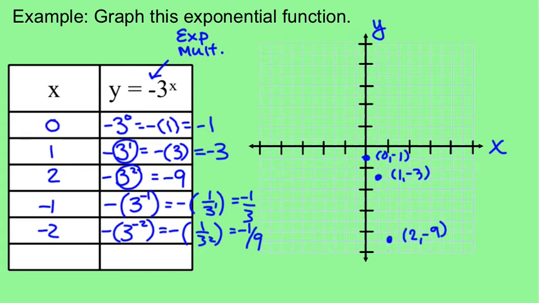And then -1, 1/3, -2, 1/9. All right, so here's our graph of our exponential. As you move along the x-axis, you notice that your y values are getting smaller. So this is what we call a decreasing function.